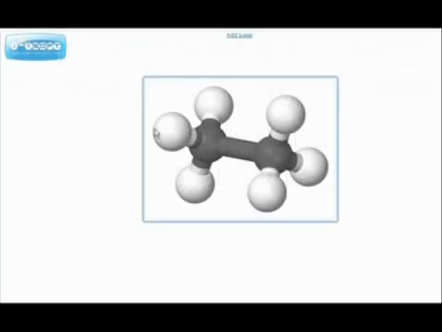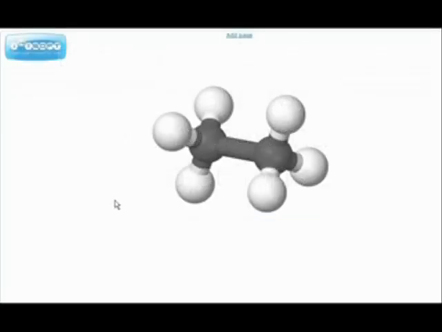So now that we know that there's free rotation around the single bond on straight chain alkanes, and that these carbons can rotate in a way that the hydrogens around them will switch positions, what we should now ask ourselves is which conformations, or in other words, rotational arrangements in 3D space, are more likely or less likely to happen.